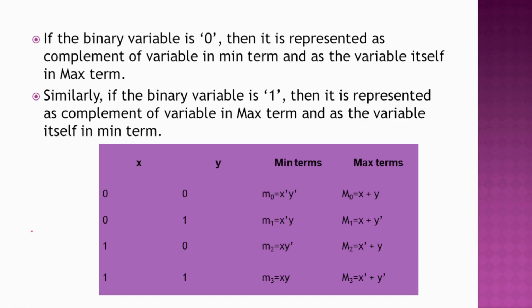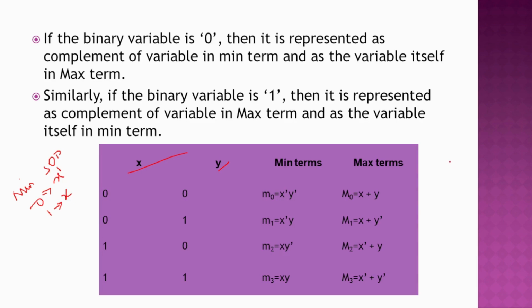Here I will give values for minterm and maxterm using two variables x and y. Previously I told you that minterm is based on the sum of product method, that is SOP. In the minterm, the zero is mentioned with the complement of the variable, that is x dash or y dash, and 1 is mentioned as the variable itself, that is x or y.